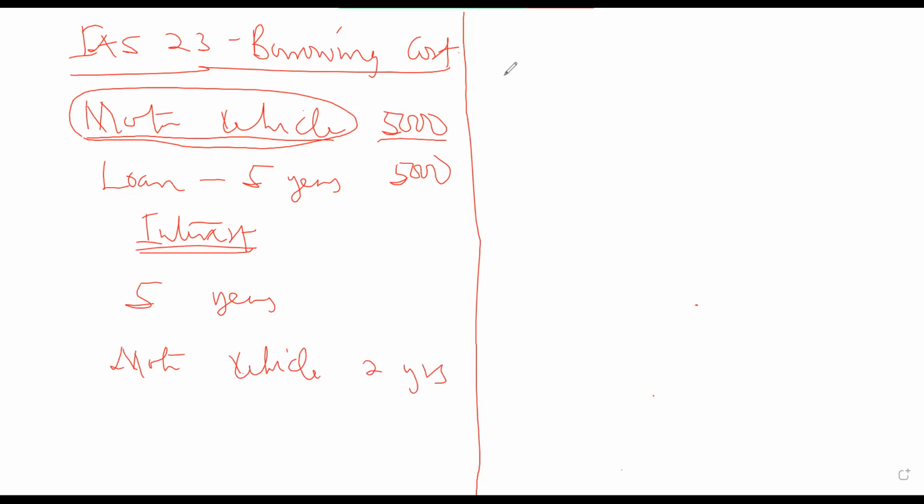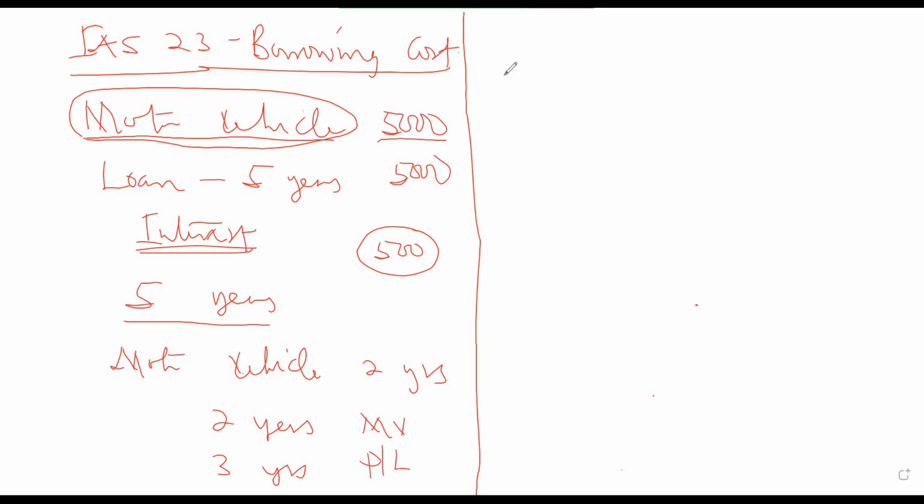So if the interest is 500 every year, it means that we are going to pay the interest for 5 years. Of these 5 years, we can say that 2 years of interest will go to the motor vehicle, and 3 years will go to profit or loss as an expense.